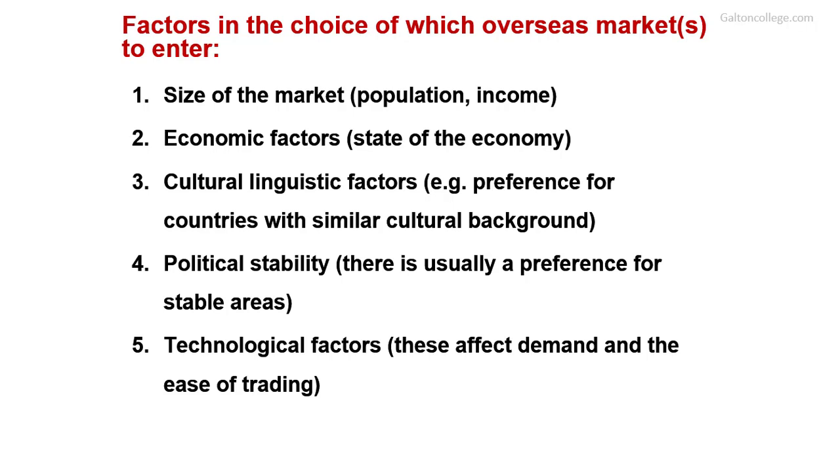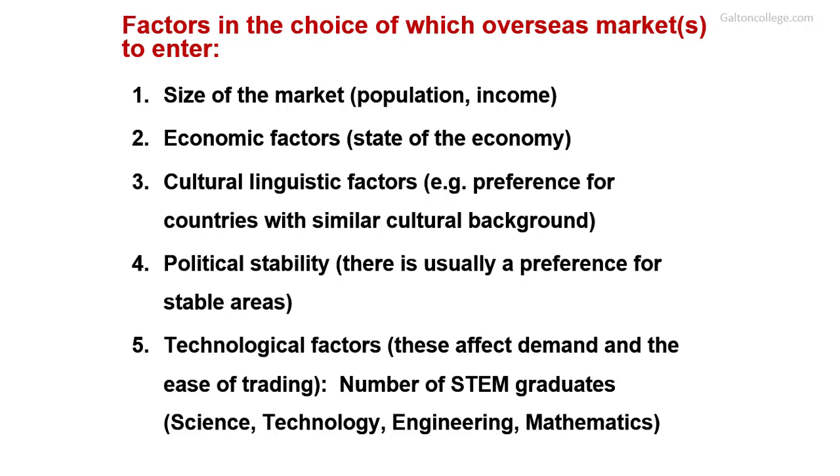So that can happen internationally as well. I mentioned here the one telltale sign that many companies seem to suggest, excuse me, is the number of STEM graduates. STEM simply means science, technology, engineering, mathematics.